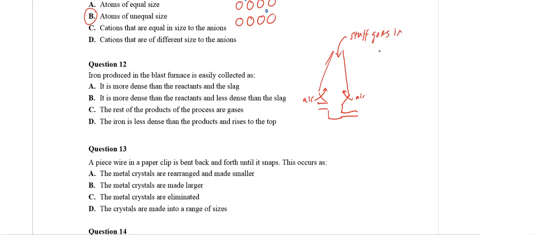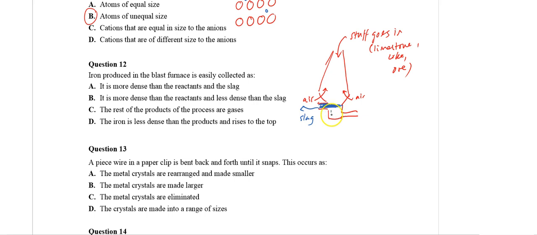The stuff goes in here. So your limestone, your coke, and your ore all goes in through the top. All the reactions happen in the blast furnace. And then at the bottom we get two materials coming out. First we have slag, which is less dense and gets siphoned off through the top exit point.